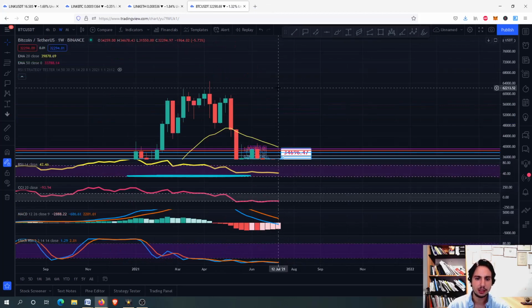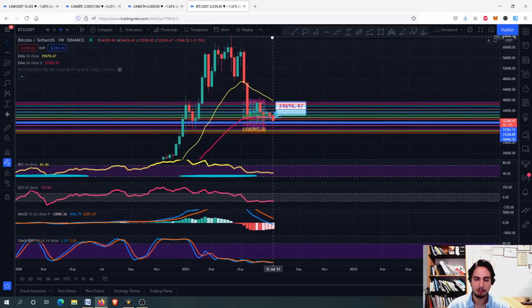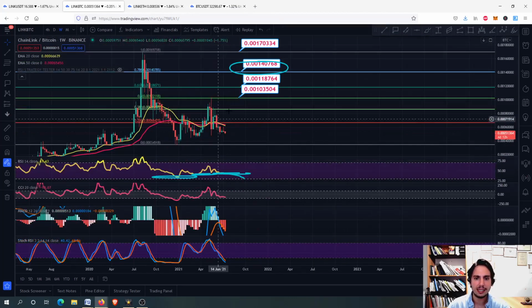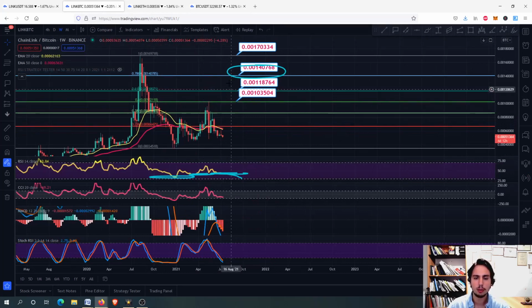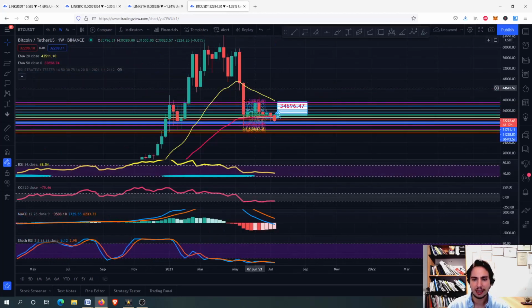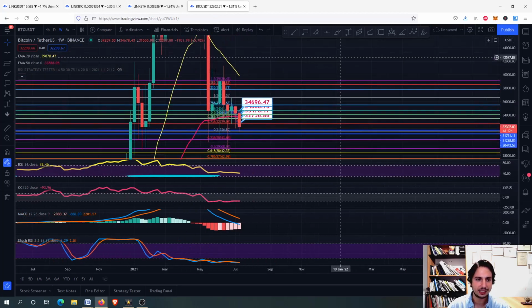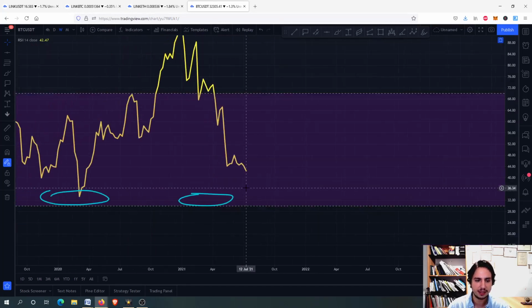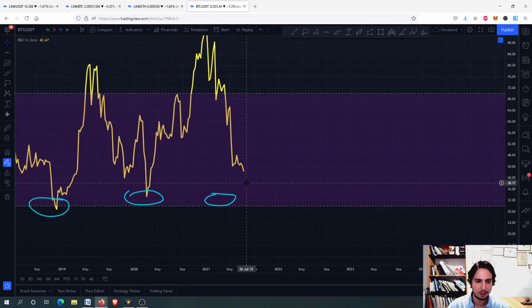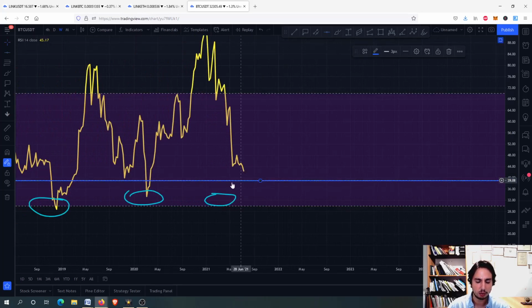So let's see Bitcoin. By the time, guys, Bitcoin might be, by the time LINKBTC is at 0.618, Bitcoin might be at 50k. I believe, guys, if we go to the weekly frame and see a little bit the RSI, I told you that Bitcoin will probably stop the RSI downfall around here, okay?